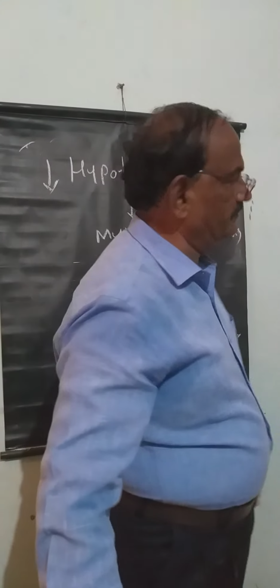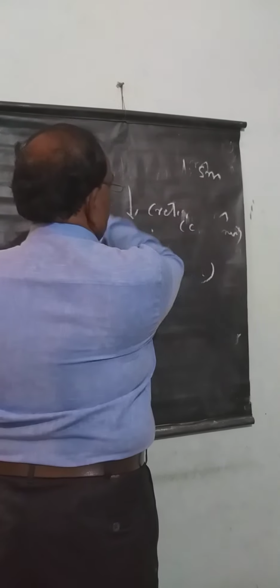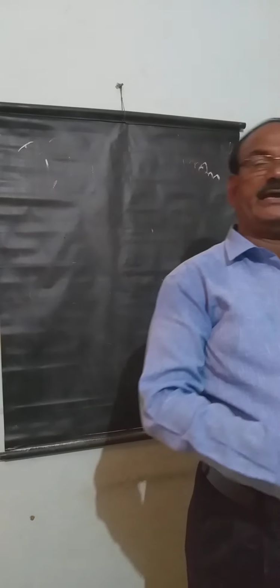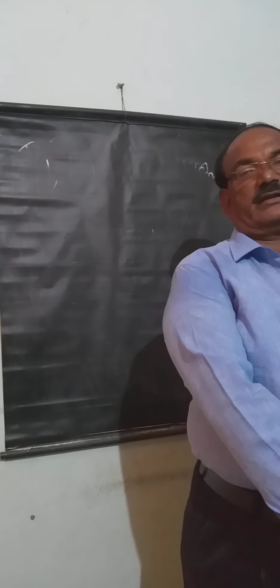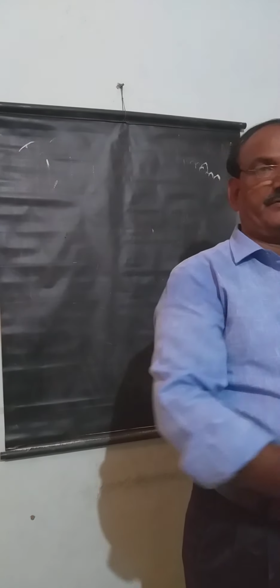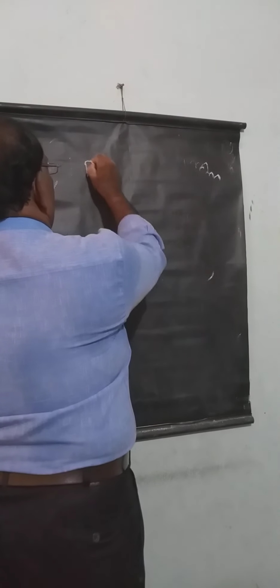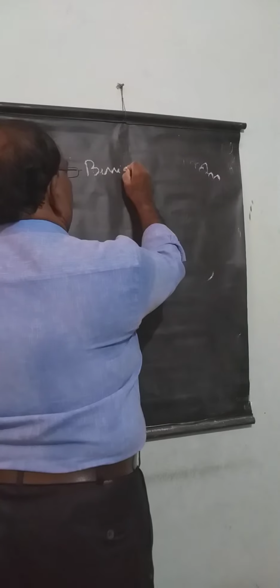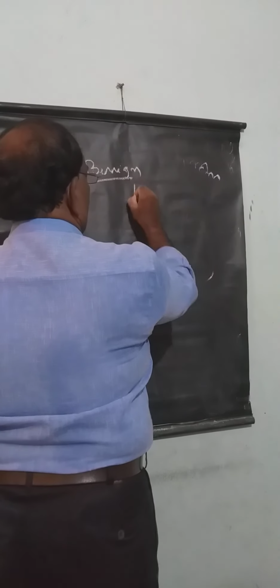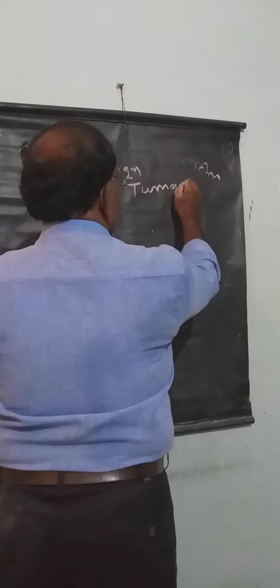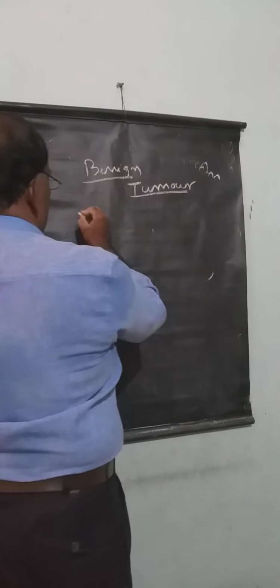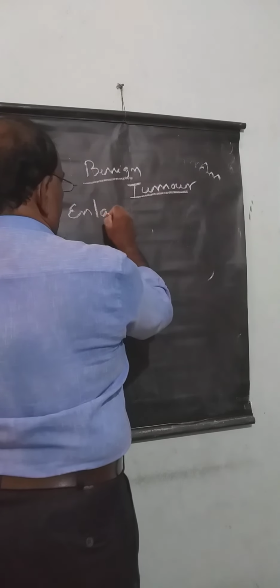Now what happens with tumors? There are two types of tumors: benign and malignant. Benign tumors do not endanger life. A benign tumor will lead to enlargement of the thyroid.